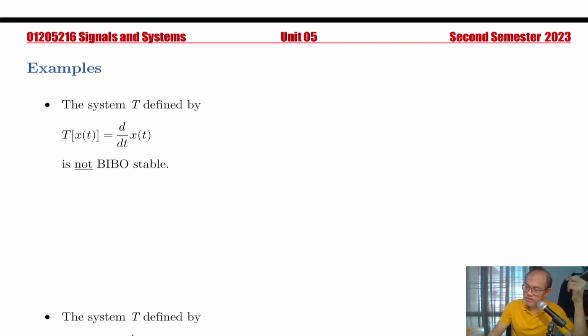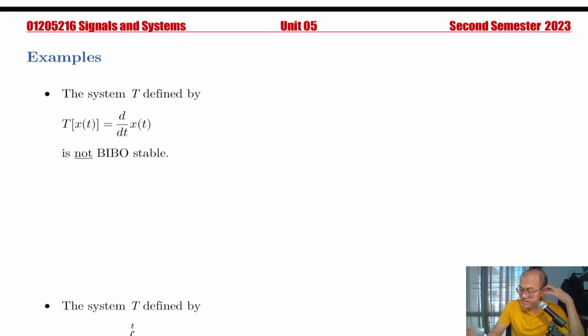Now another system, we're going to show that another system is defined by the equation output is the first derivative of the input. Now we're going to show that it is not BIBO stable.